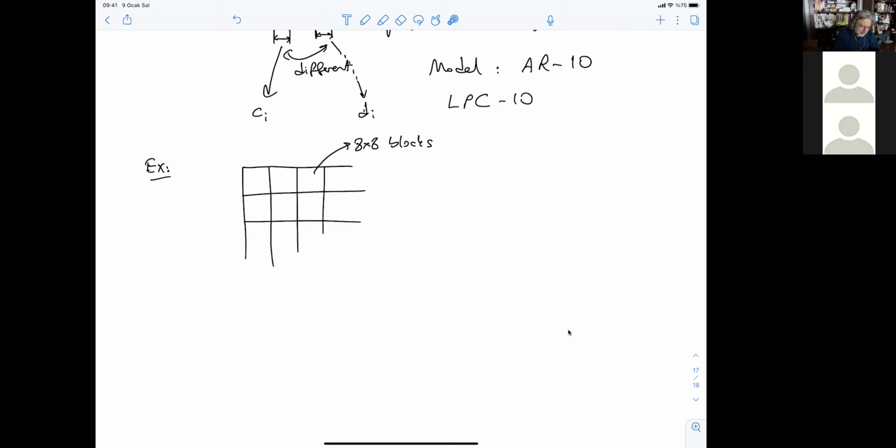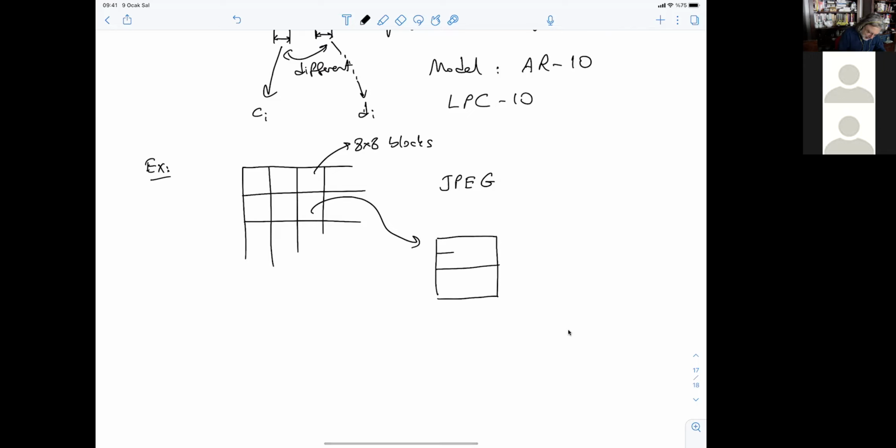And in the well-known compression method known as JPEG, which uses the discrete cosine transform as the backbone of its compression methodology, they split the image into 8 by 8 blocks, and afterwards take this 8 by 8 block.